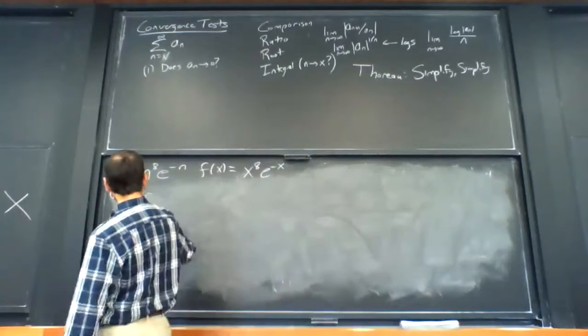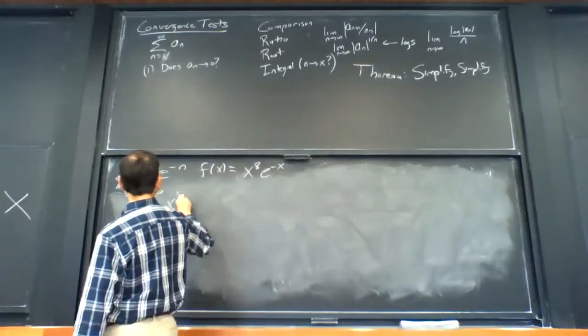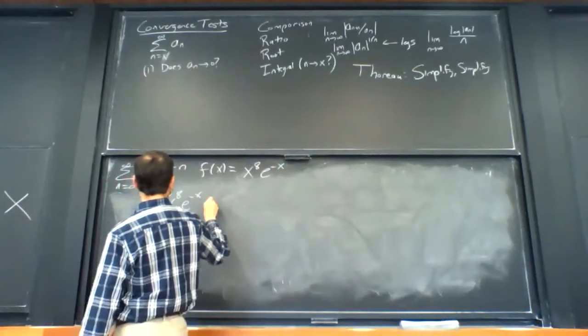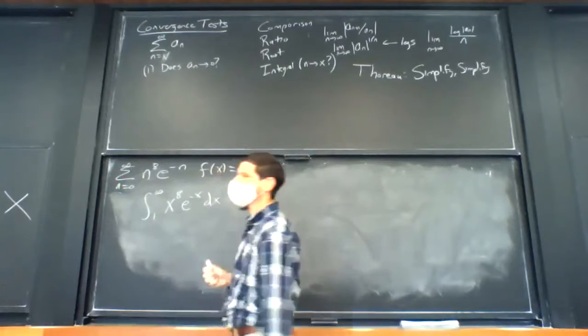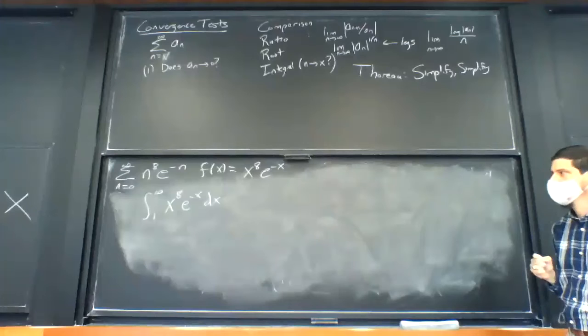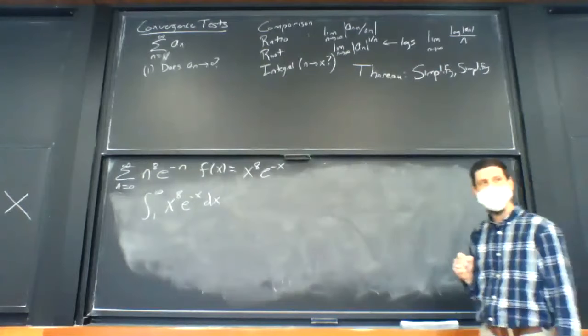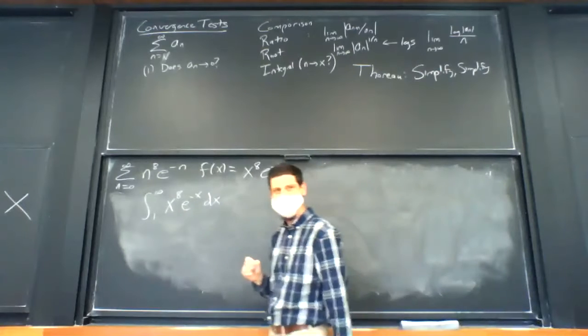And so we would want to integrate from, say, 1 to infinity, x to the 8, e to the negative x dx. Any thoughts on how to do this? Yes, how many times? 8.